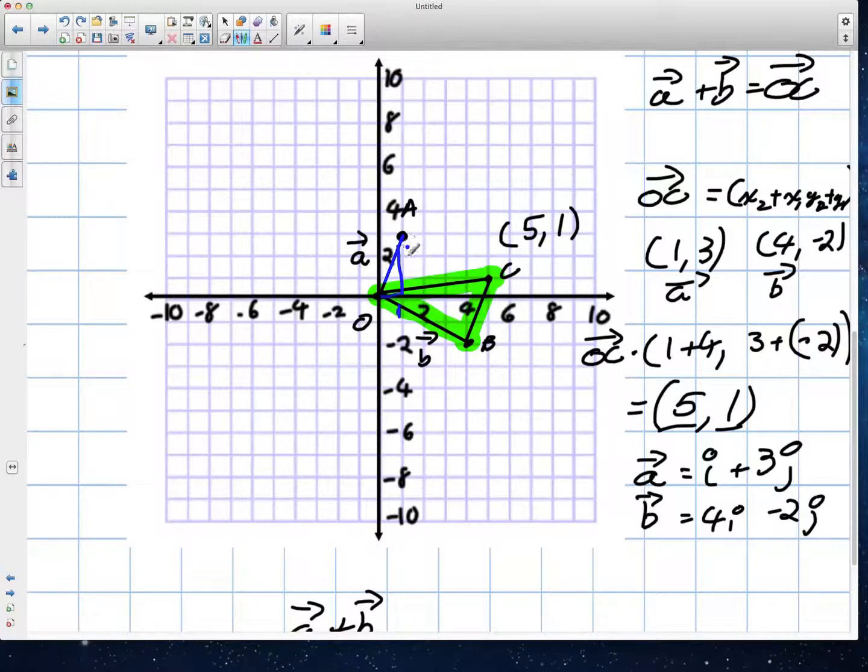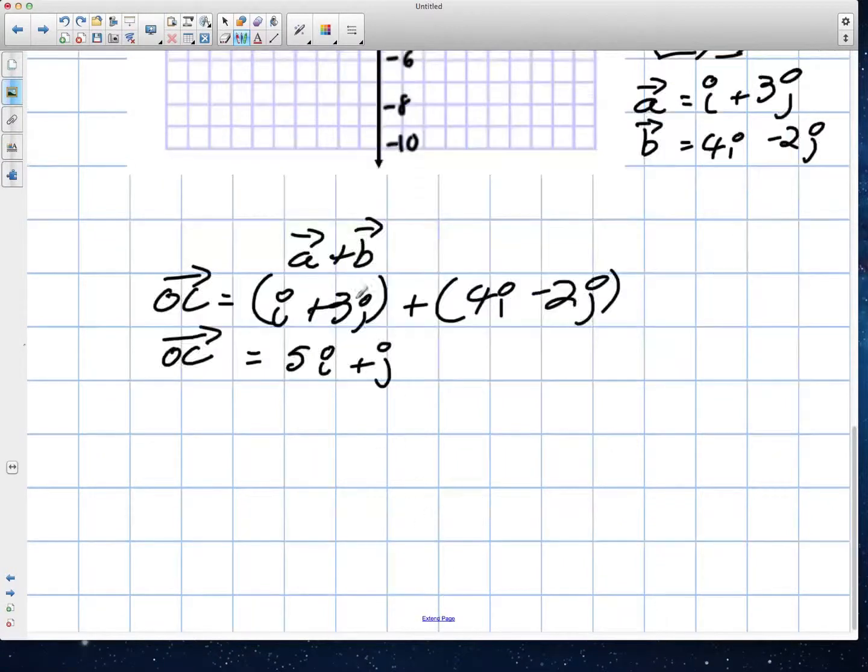Well, that's a value of 1 and 3. We use the Pythagorean theorem to solve that one too. Once we have the values of these two, we can then use them to solve for our last value here of our components. Now what we're going to do, quickly show how that's done.